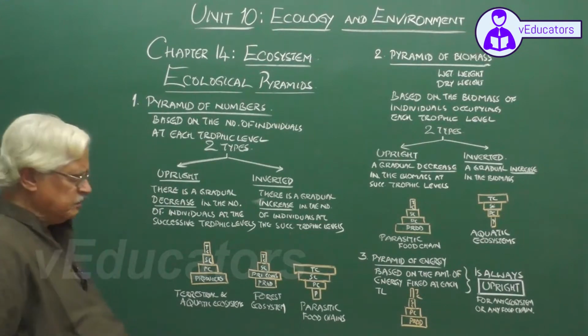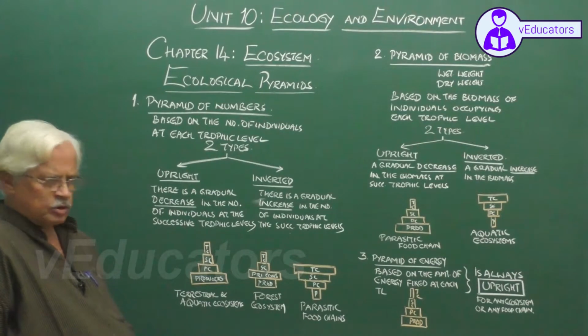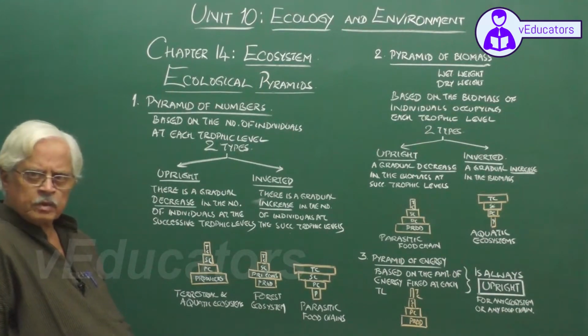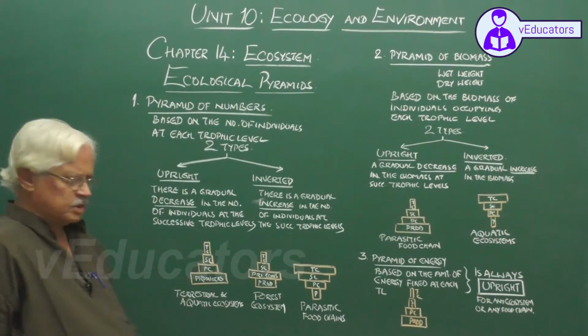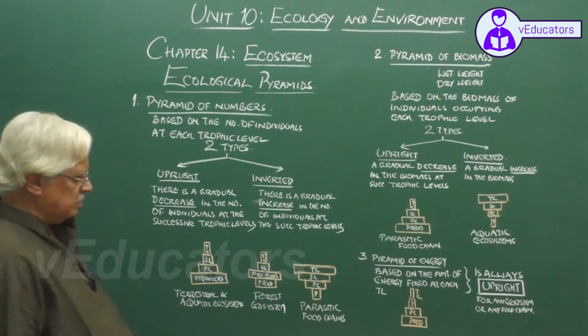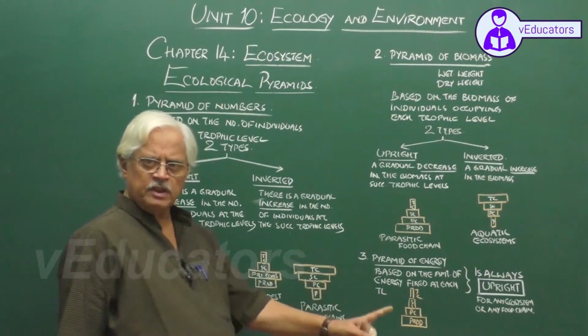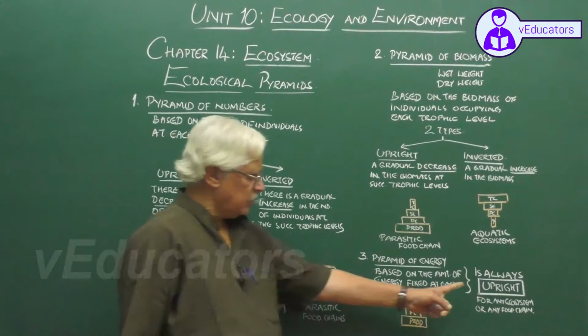Take the example of any food chain: herbivorous, detritivorous, parasitic. Take the example of any ecosystem: terrestrial, aquatic, desert, whatever it is. Pyramid of energy is always upright.